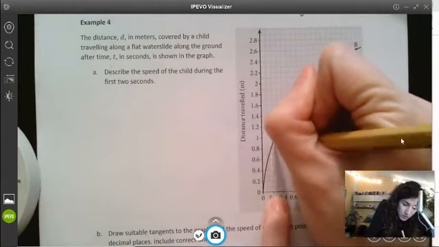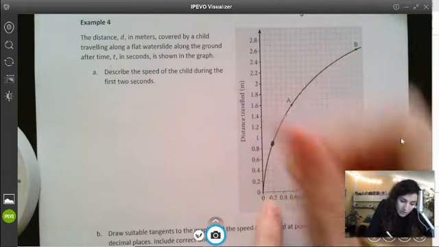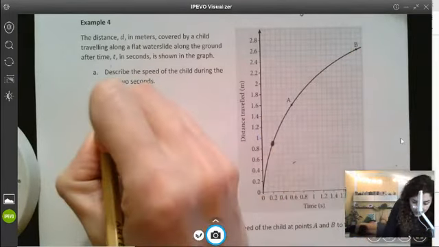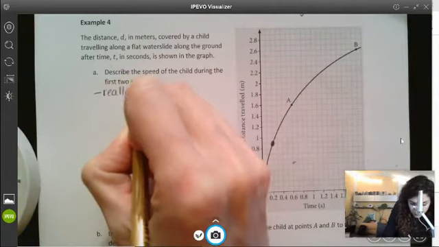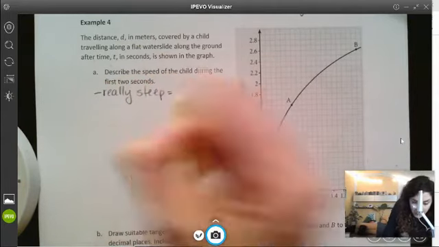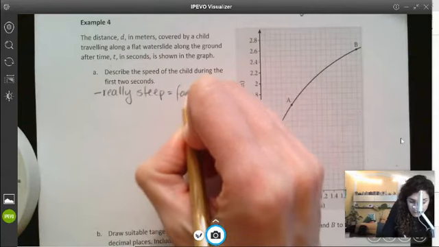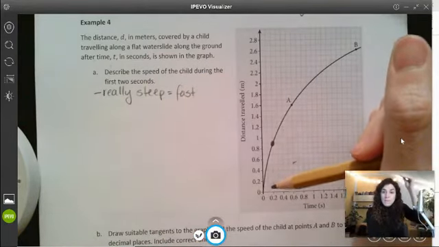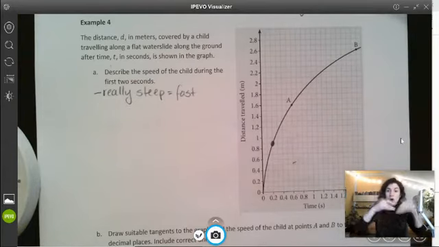Notice that in the first 2 seconds, which is like right here, it starts off really steep. Really steep equals fast, right? Over a short period of time, they jumped a lot. So this idea of, oh, you went really fast in a very short amount of time.